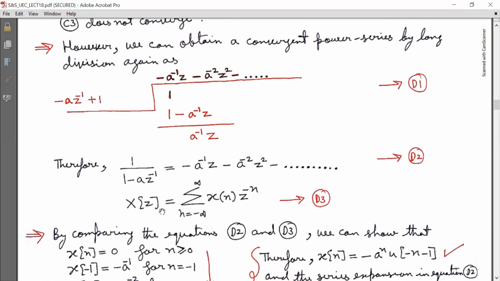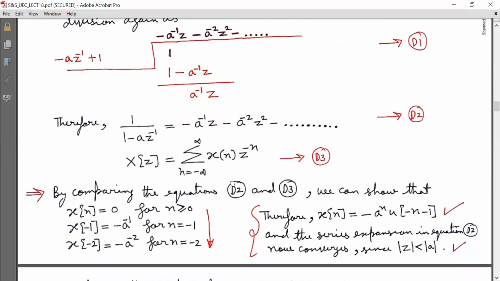But I know that X(z) is equal to summation n running from minus infinity to infinity x[n] z raised to power minus n. So expand D3. Now by comparing equations D2 and D3, we can show that x[n] is equal to 0 for n greater than or equal to 0, x[-1] is minus a inverse for n equal to minus 1, and x[-2] is minus a raised to minus 2 for n equal to minus 2.